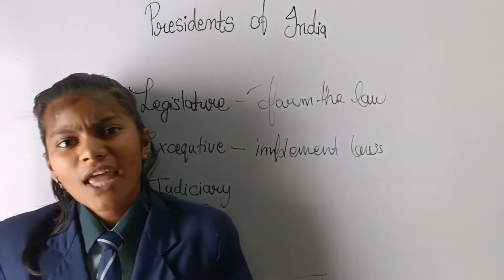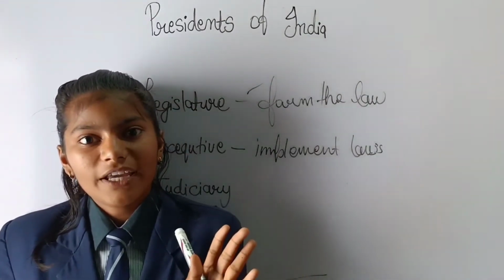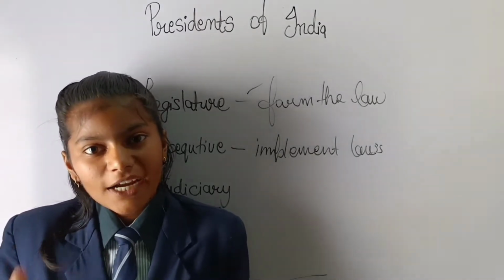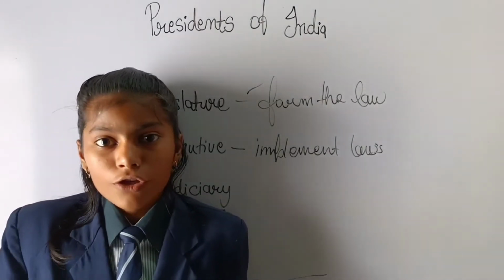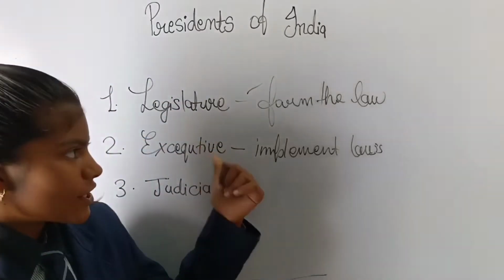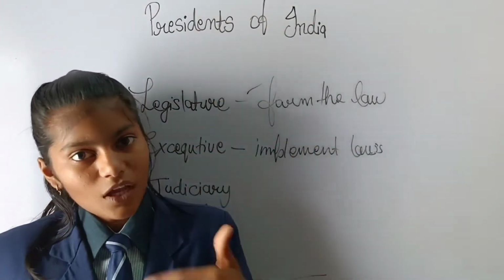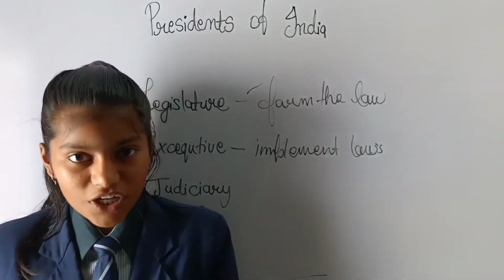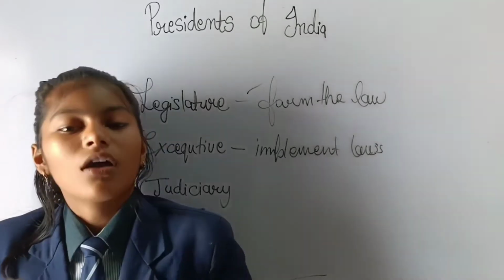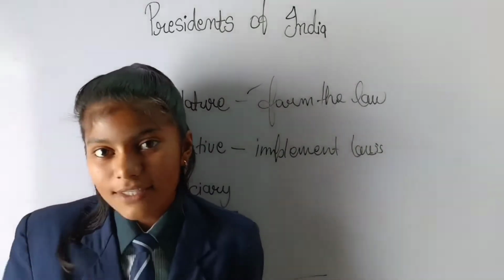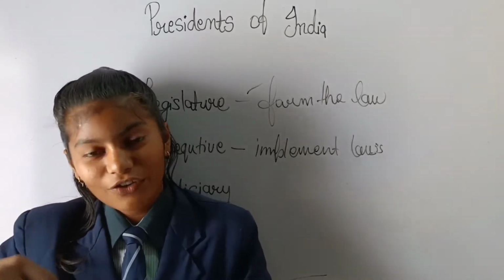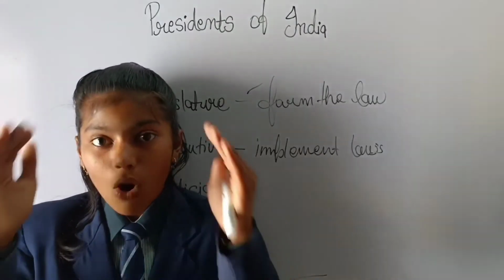Let's suppose the Widow Remarriage Act has been passed. Firstly, the legislature forms that law for its objective. Then the executive implements that law. After that, the judiciary acts like a judge over the legislature and the executive, and it oversees the whole government.